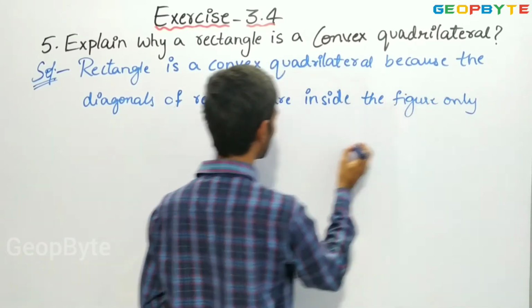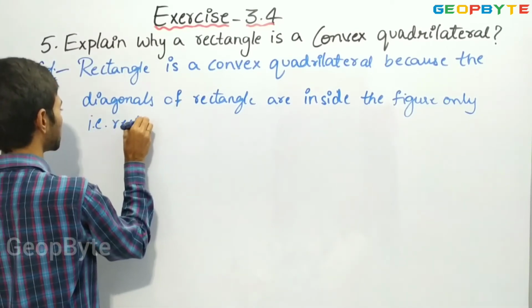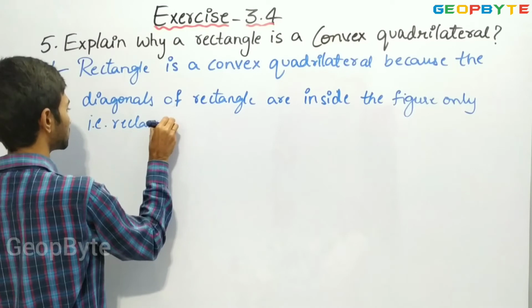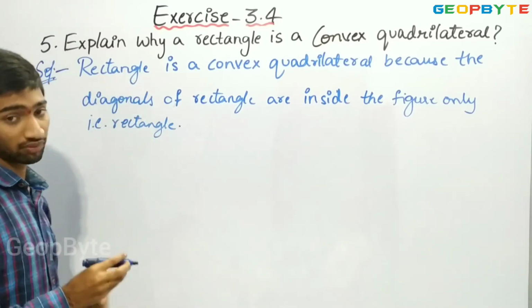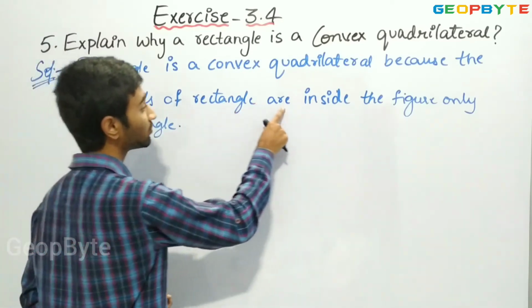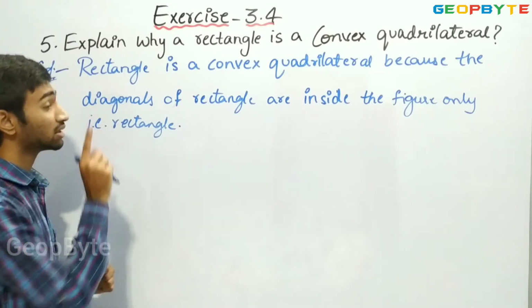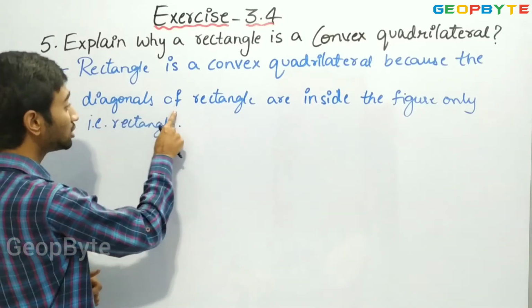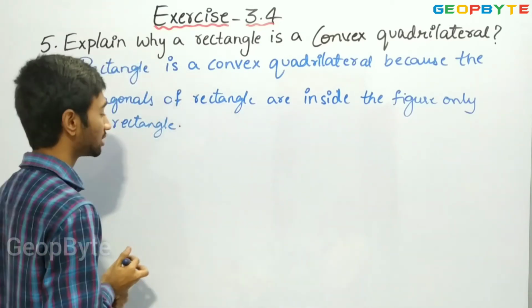Here the figure is a rectangle. So a rectangle is a convex quadrilateral because the diagonals of a rectangle are inside the figure only. Here figure means rectangle. So that means the diagonals of a rectangle are inside the rectangle itself.